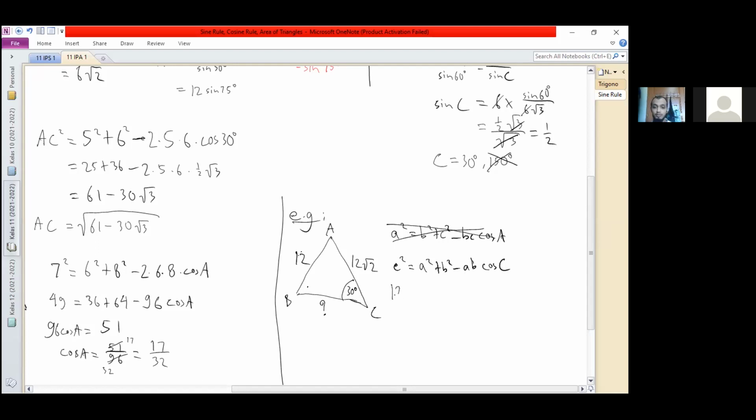equals A squared, which is what we are looking for, plus B squared, so 12 square root of 2 squared, and then minus 2 times A times 12 square root of 2 times cosine of 30 degrees.